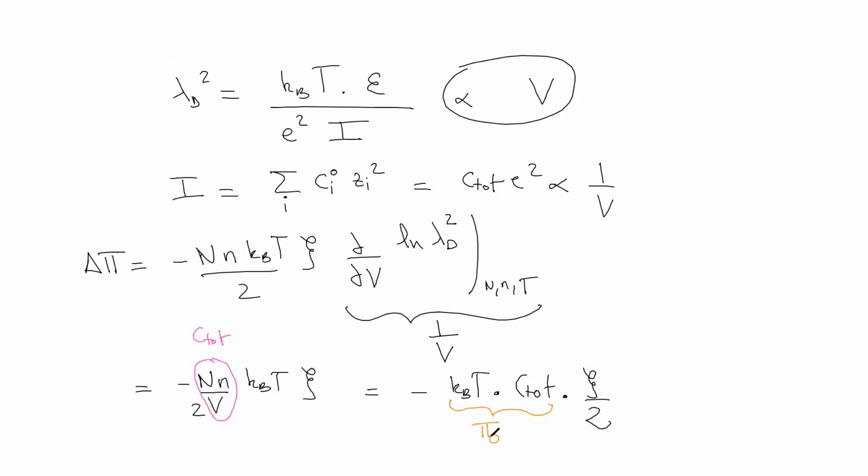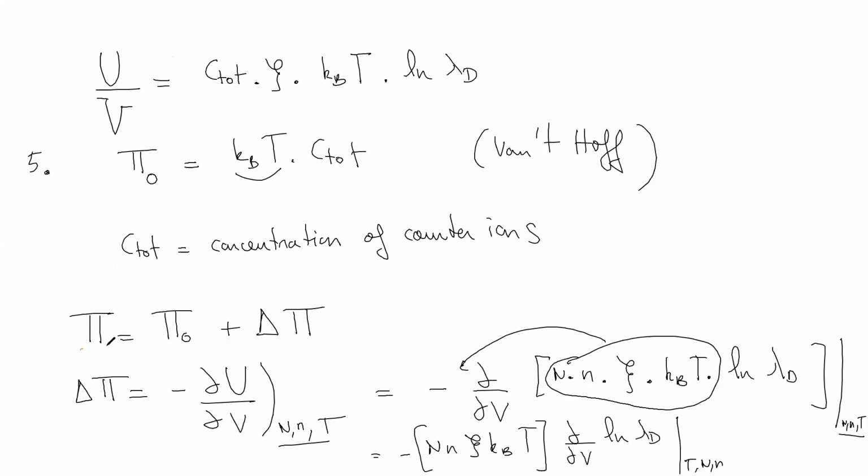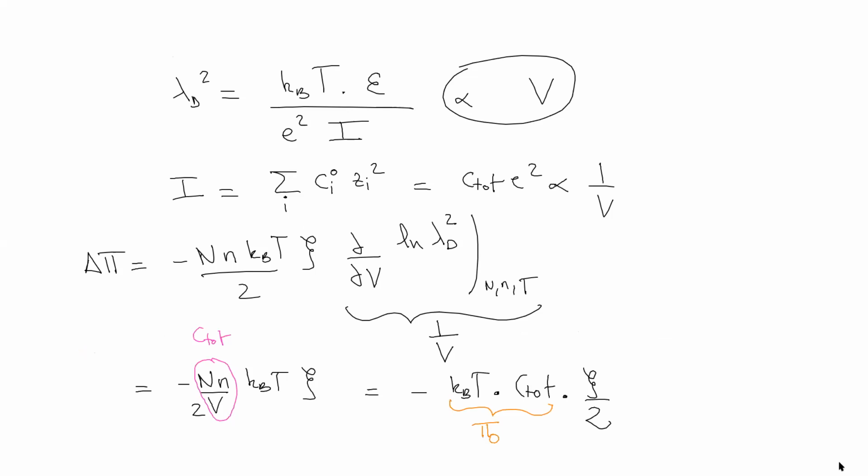So it's the bare osmotic pressure. Okay, so remember, I was interested not in that, but more generally in the total osmotic pressure pi. So pi is pi naught plus delta pi, so 1 minus psi over 2.